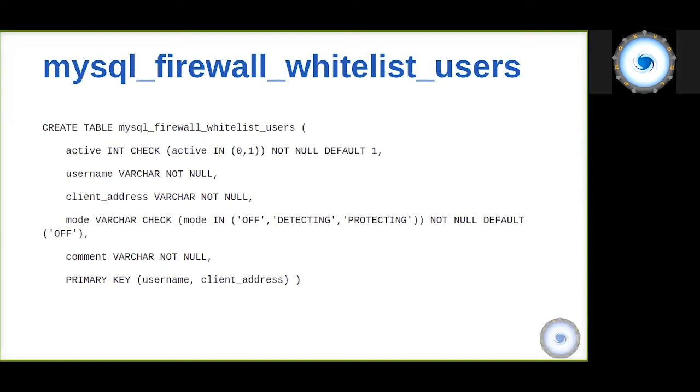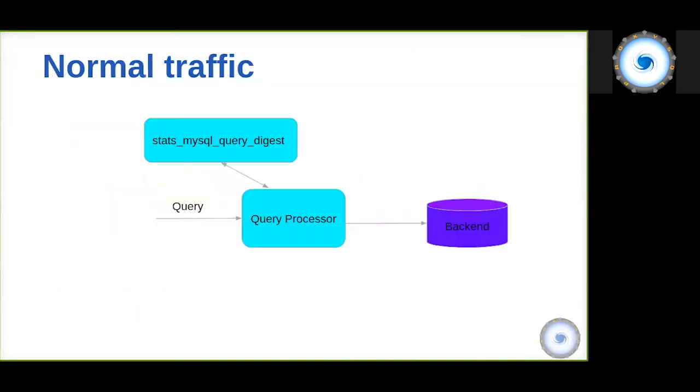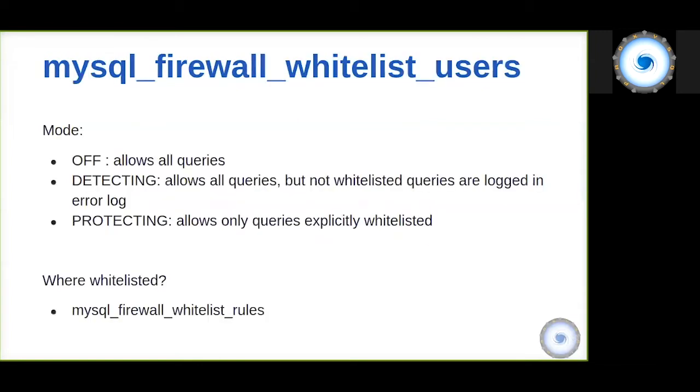If the mode is off, basically all the queries are allowed. If the user is configured in detecting mode, all the queries are allowed, but if they do not match whitelisted queries, they're logged in the error log. And then you have the protecting mode. In this mode, only the queries that are explicitly whitelisted are being executed.